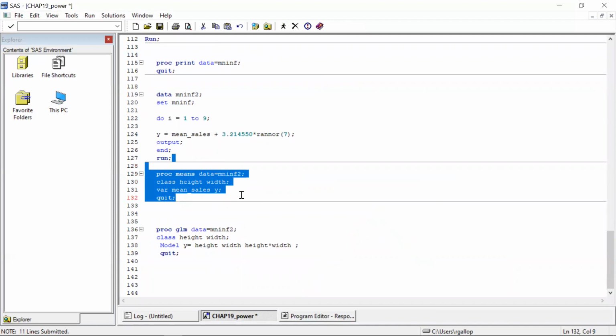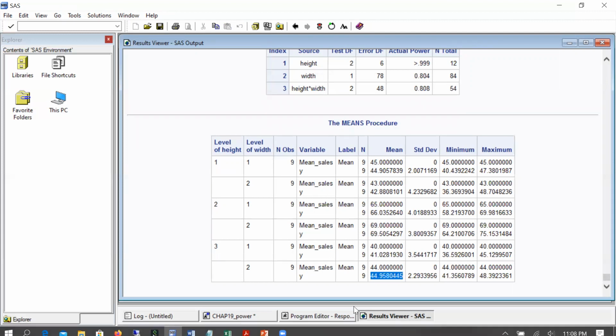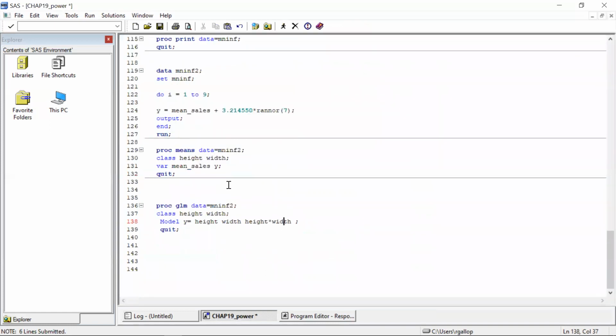When I do this, you can see my simulated means are pretty close for the 1-1 cell, pretty close for the 1-2 cell, pretty close for the 2-1, the 2-2, a little bigger for the 3-1, right on for less than 1 unit for the 3-2.